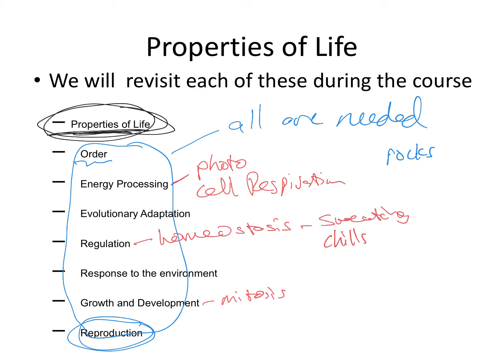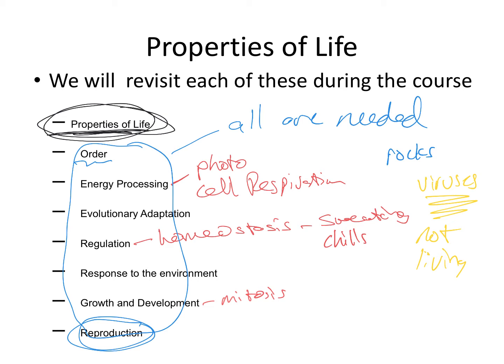Now, one of the gray areas with this is viruses. Viruses are not considered living by most biologists, even though we think of them as a germ and something that, obviously with COVID right now, spreads.